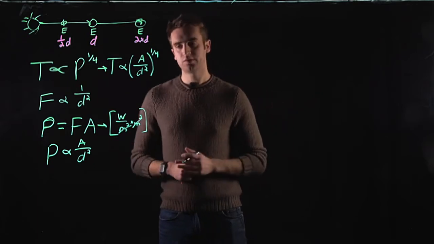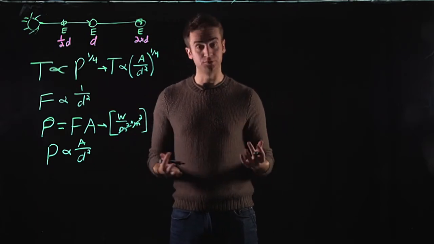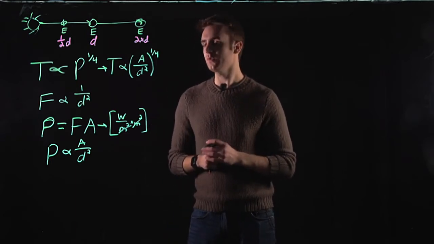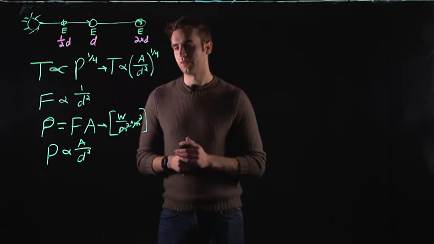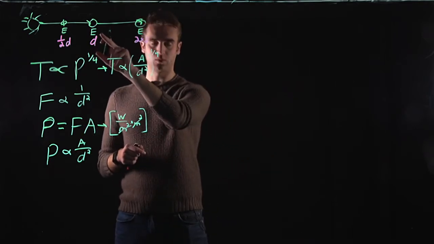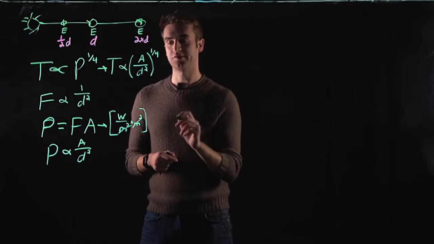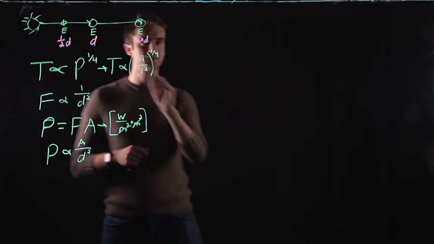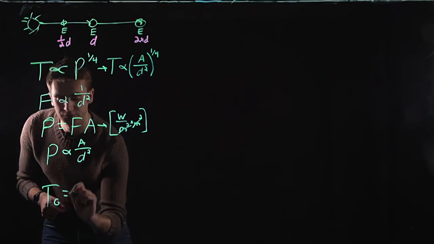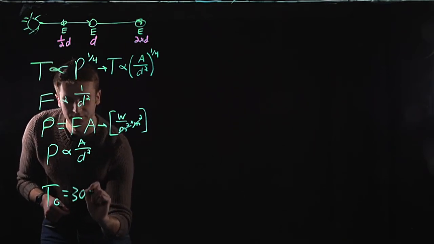So how do you get an equation that you could compute with out of these proportionalities? Well, you're given the fact that the temperature of the Earth at its current orbital radius is 300 degrees Kelvin. So we'll call this T0. So T0 equals 300 degrees Kelvin.